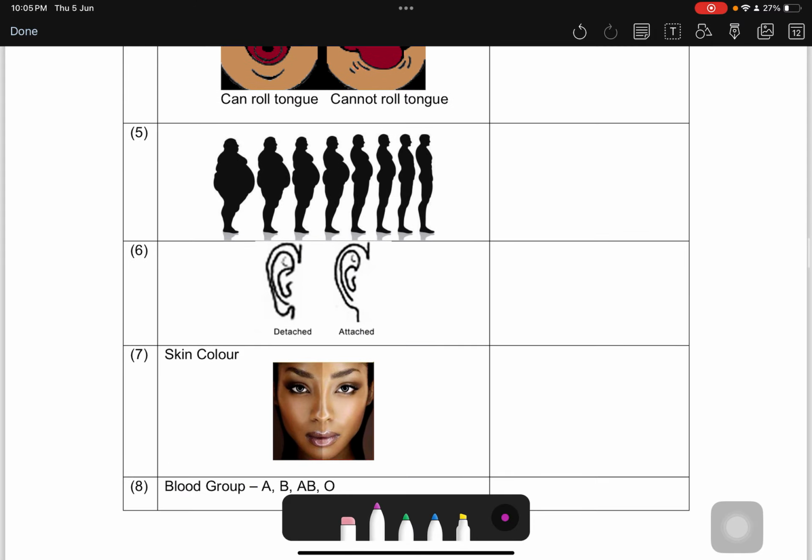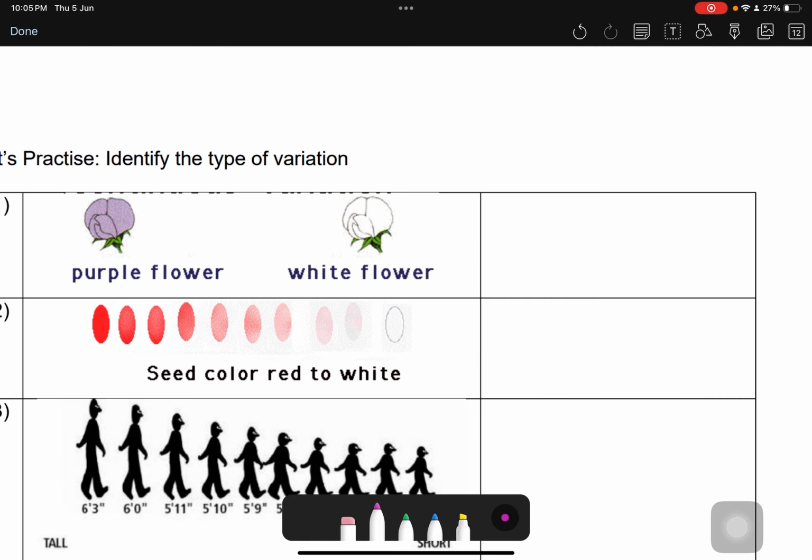So in these 8 examples that you can see over here, I would like you to pause the video and fill in the blank on your own to determine whether each of these examples is an example of continuous or discontinuous variation. So pause the video and fill in the blank on your own before I reveal the answer.